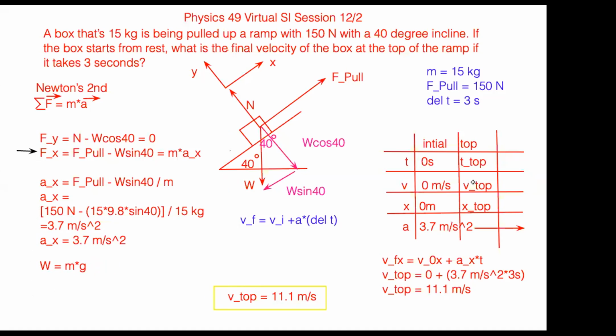We're trying to find the velocity at the top. We do know time top, which is 3 seconds. And we don't really care about the dimensions of the ramp itself, because we could easily solve for velocity without it. And using this equation from our kinematics list, we could isolate for v top, or v final, which ends up being 11.1 meters per second.